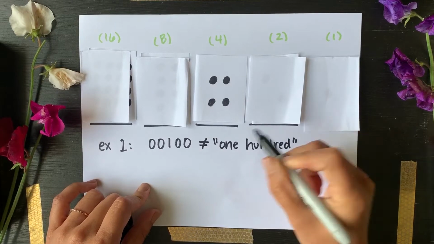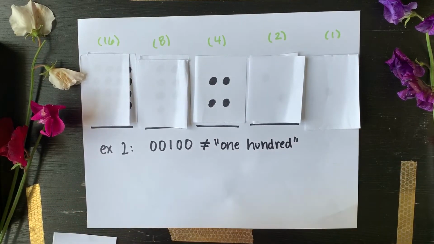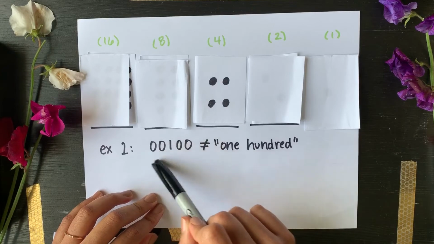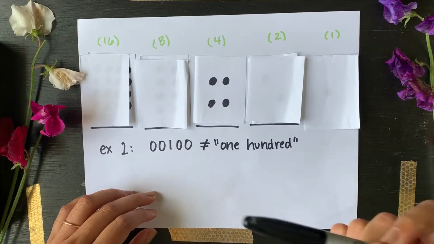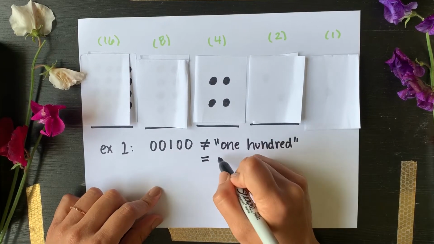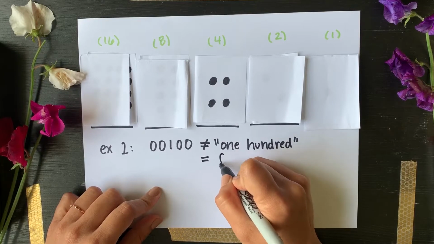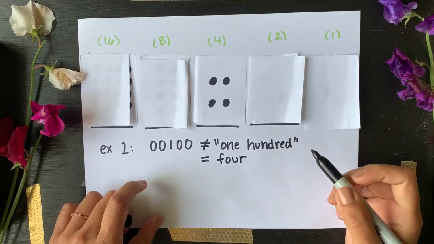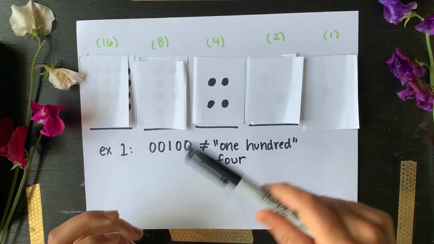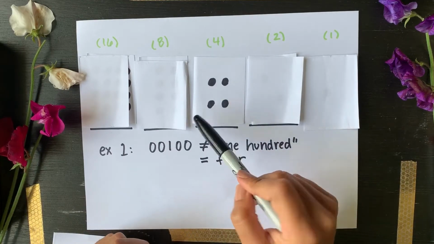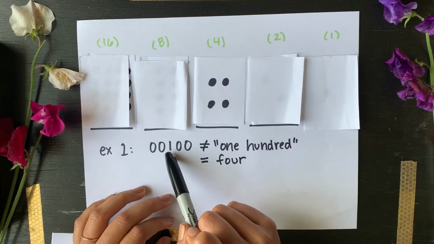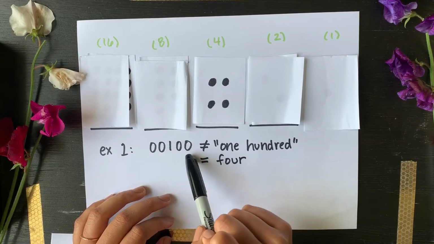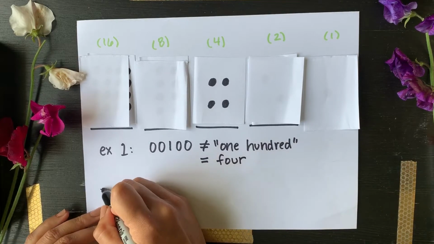That's what it would be if it was decimal, but we're trying to learn binary. We're going to say this is a binary number, and it actually represents the amount 4. And how do I know that? I just look at the number of dots that are turned on based on which place the 1 is in. Let's look at another example.